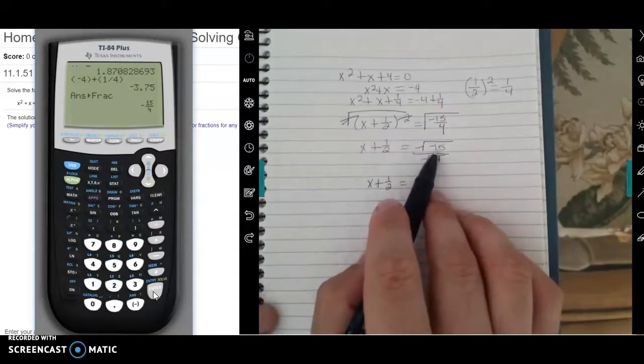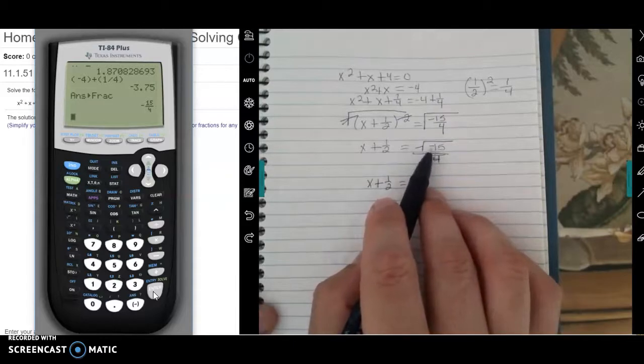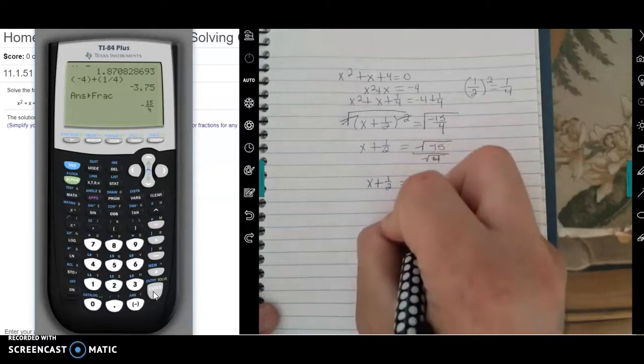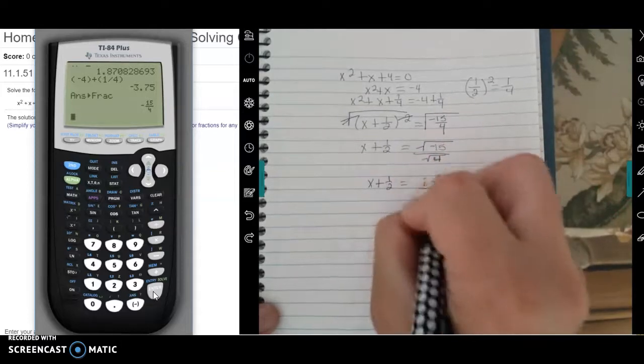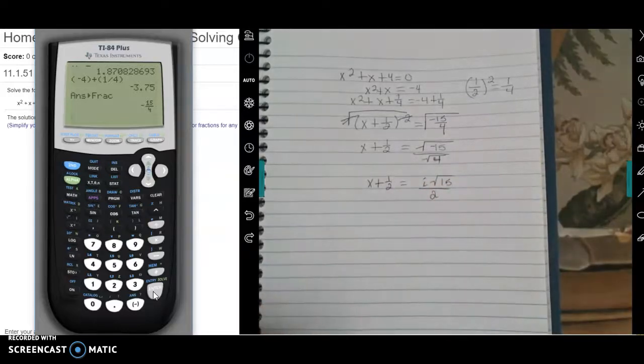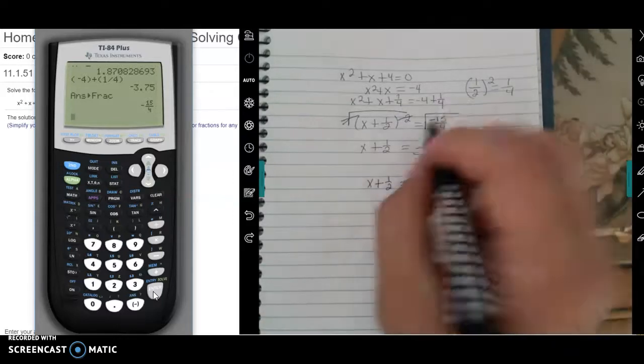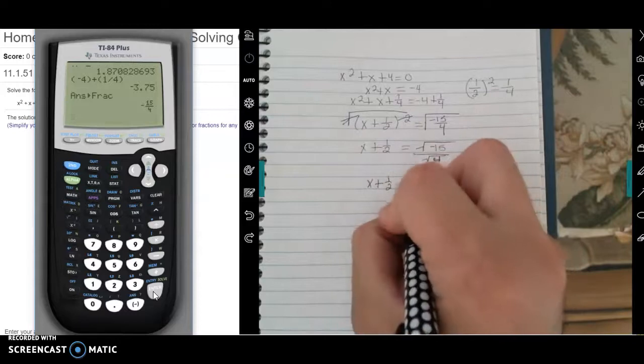So the only thing really we can do on the top is we can take out that negative. Okay, we can take out that negative. Remember, when you take a negative out of a square root, it gives you an i. So that's i times the square root of 15 over square root of 4, which is 2. Now remember, when you take the square root of this side, it gives you plus or minus.